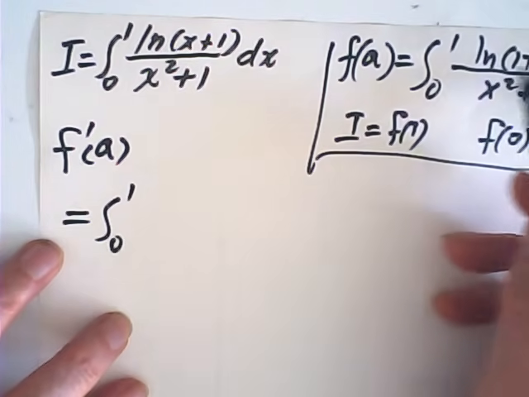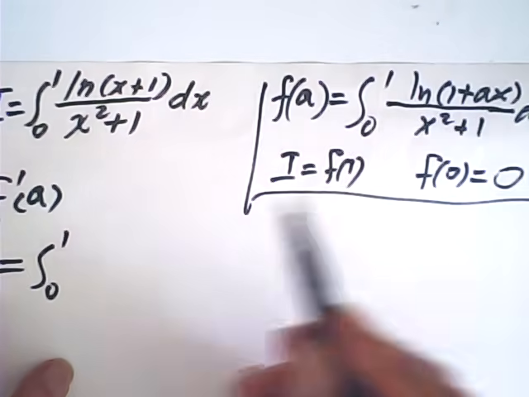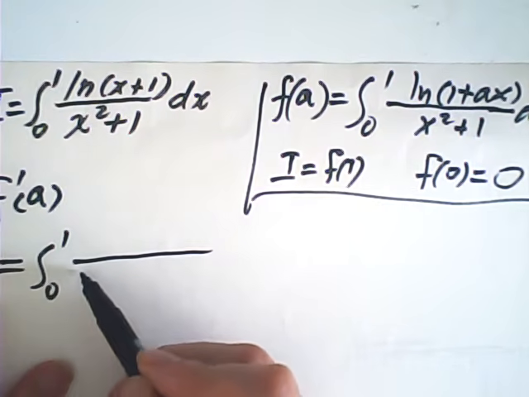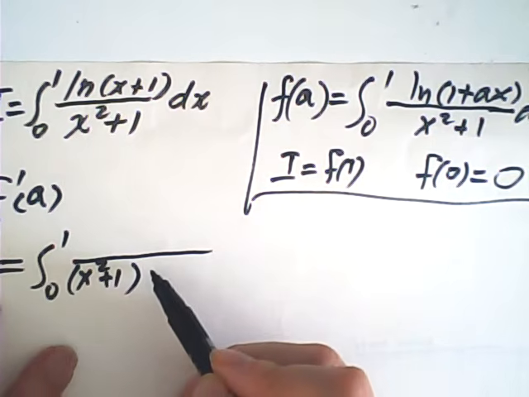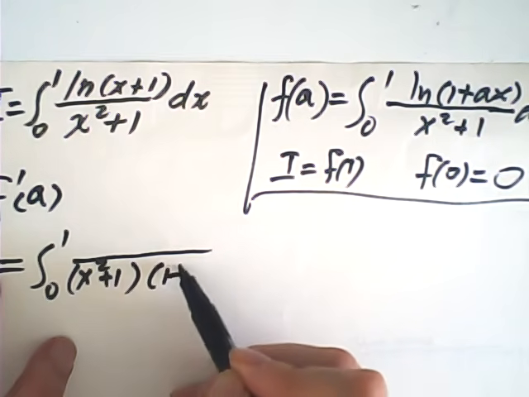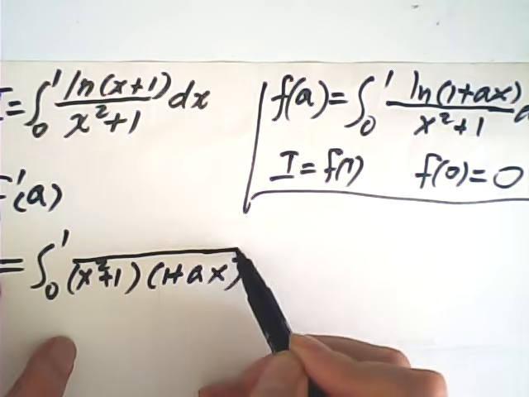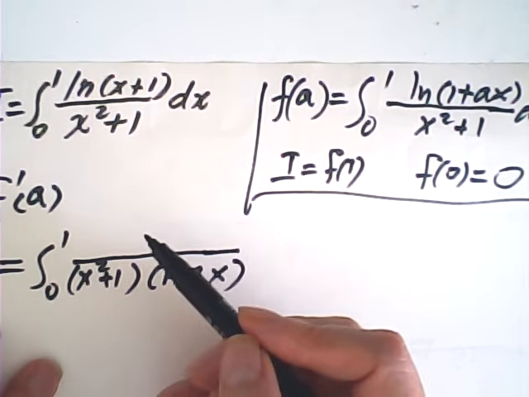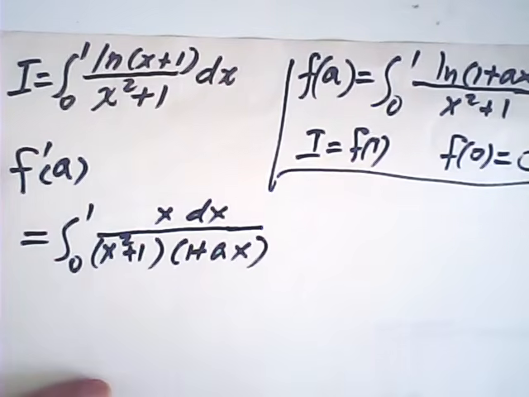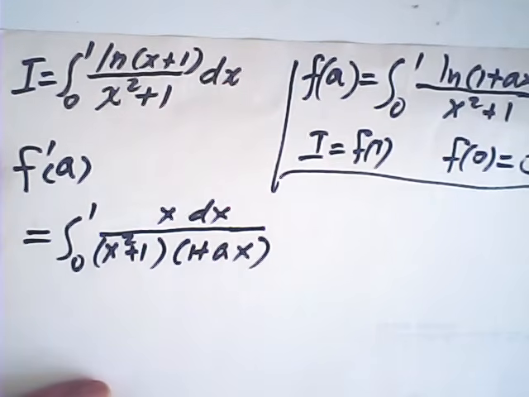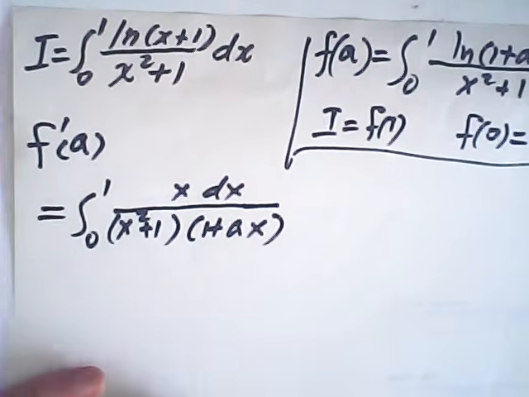I'm talking about the derivative with respect to a, yeah? So this will be equal to 1 over x squared plus 1 and 1 plus ax, and a chain rule, right? You have x on top. Good.